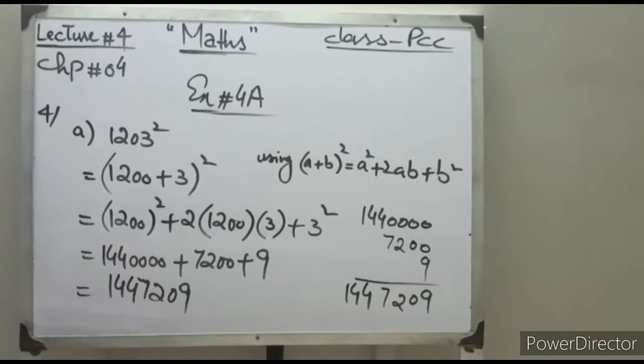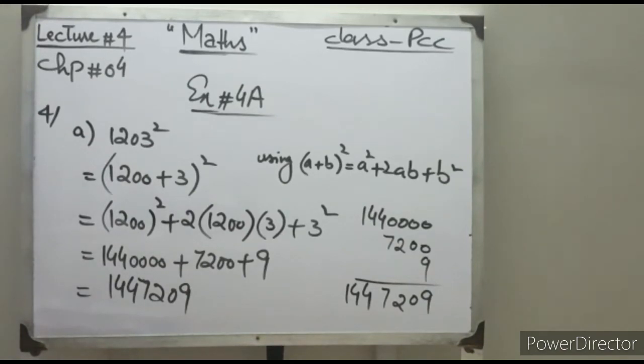Now students, in question number 4, calculator is not allowed. First of all, locate the whole number value which is nearest to your question. The whole number value will be in terms of hundreds and thousands, just like our question is 1203 square. We will write this as (1200 plus 3) whole square.